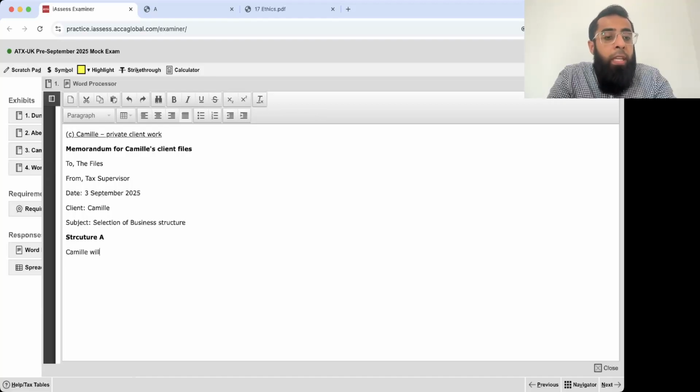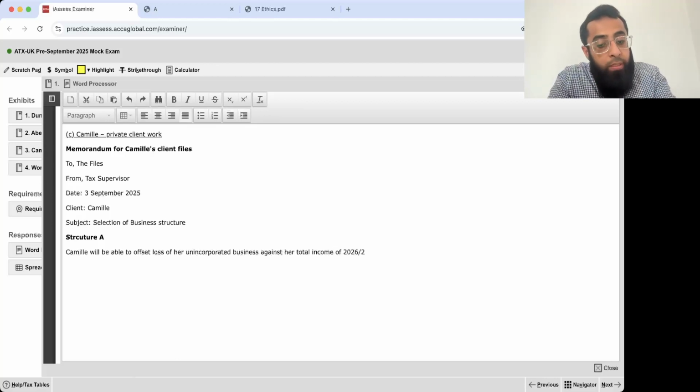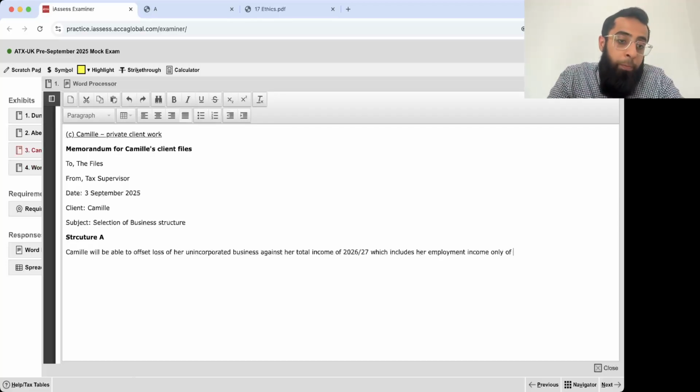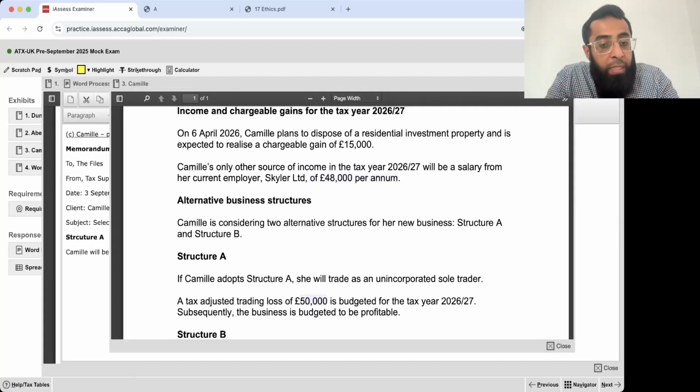Camille will be able to offset the loss of her unincorporated business against her total income of 2026-27, which includes her employment income only of 48,000 pounds. See, her loss is 50,000 pounds.